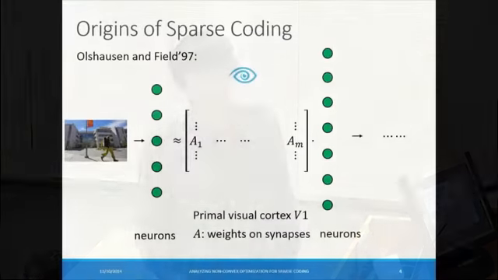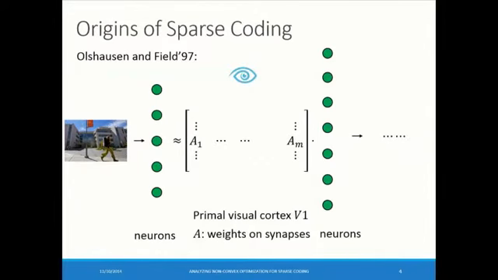Then the signal is processed by the primary visual cortex, usually called V1, and you get a sparse representation. In the second layer, only a small number of neurons get activated, and neuroscientists believe that the number of neurons in the second layer is much larger than the number of neurons in the first layer.